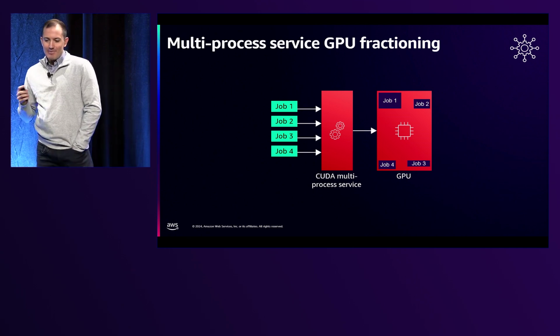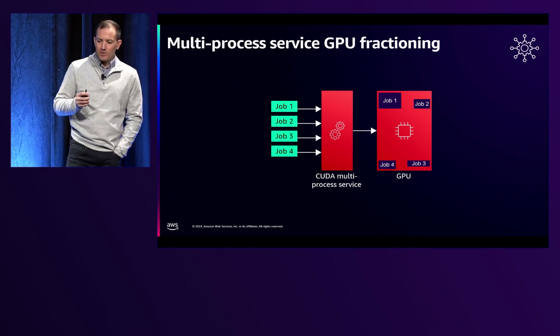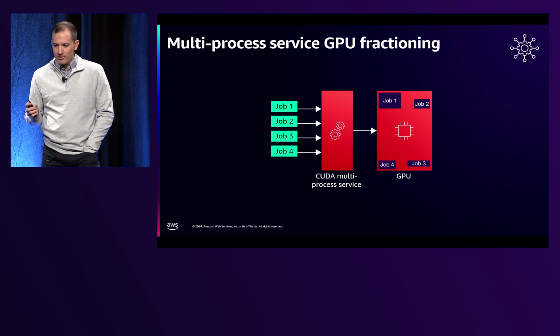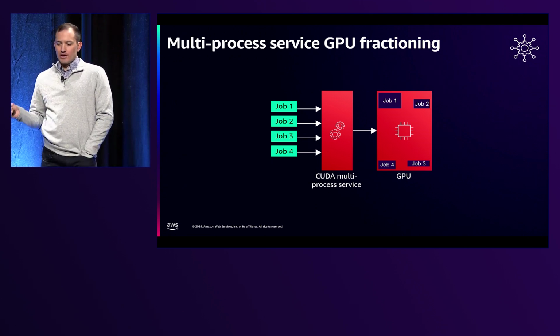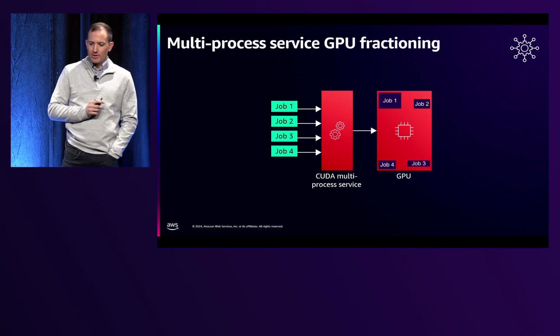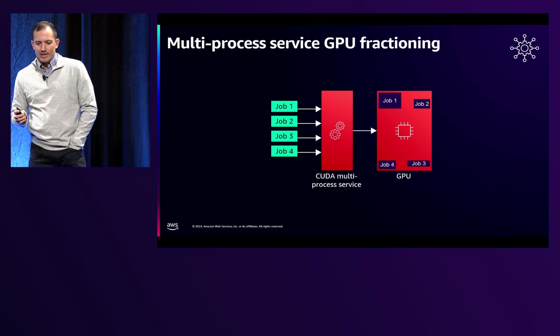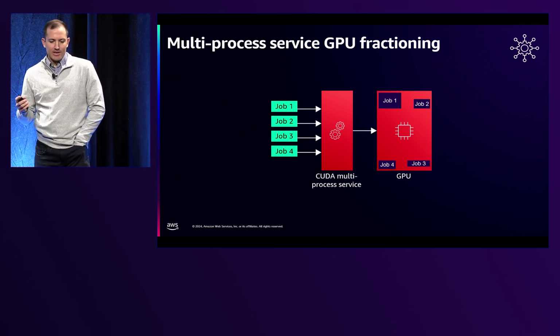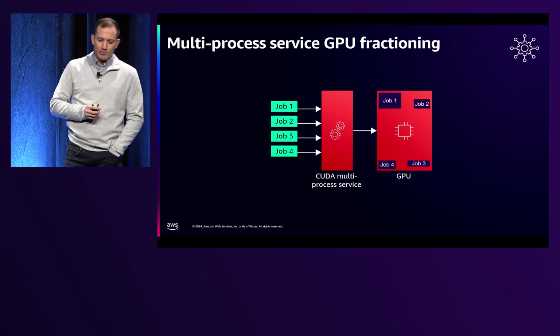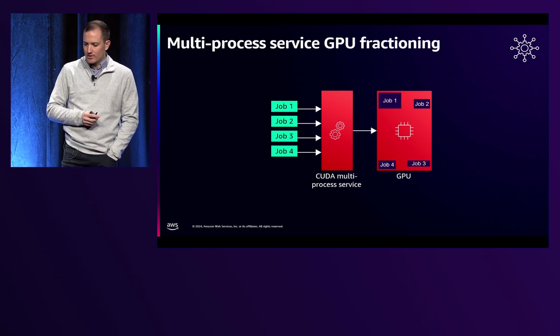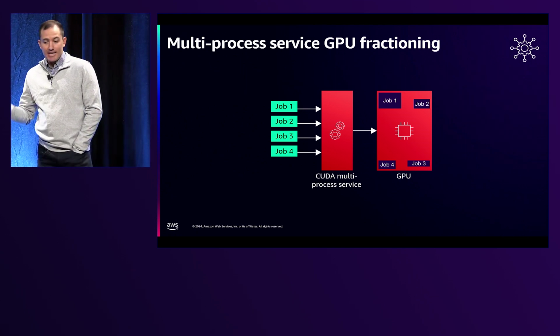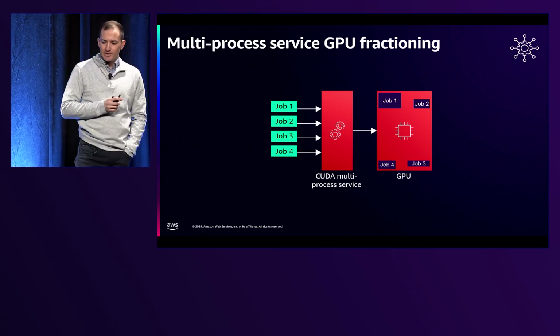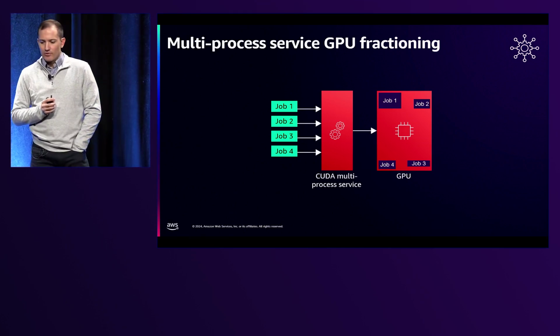But what MPS allows you to do is have multiple processes share a single GPU, enabling concurrent execution of multiple tasks. This is a little bit different in that you would be installing the CUDA multi-process service into your cluster, and that automatically and dynamically adjusts your configurations to your specific requirements.